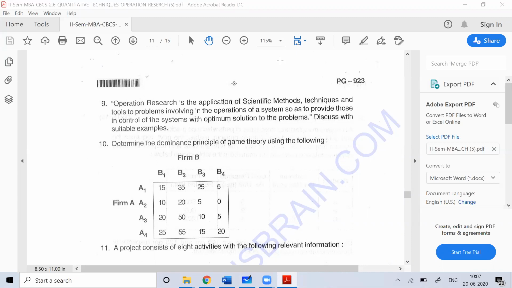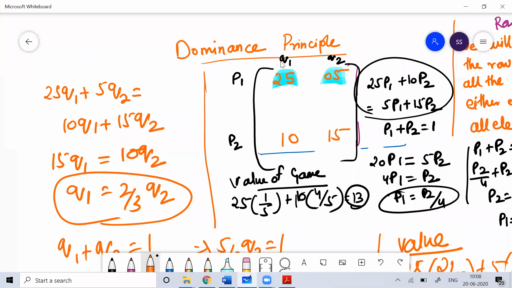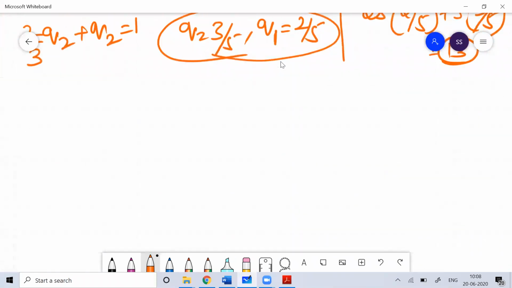What is the answer for this? Try this, guys. You can see it's very easy. Every year this kind of question comes in your exam. You should not lose these questions. We will be very fortunate if we get a question like this. Let me do it then, you people are taking a lot of time.